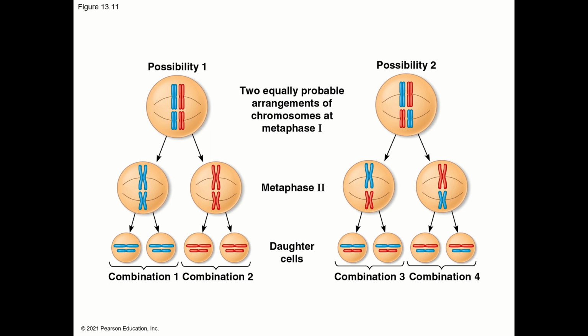Therefore, during metaphase II, you have a combination of DNA from both parents of that individual, and therefore the daughter cells, either the egg cells or the sperm cells produced by that person, can be a combination of that person's father and that person's mother. So there's a huge range of possible combinations thereof.